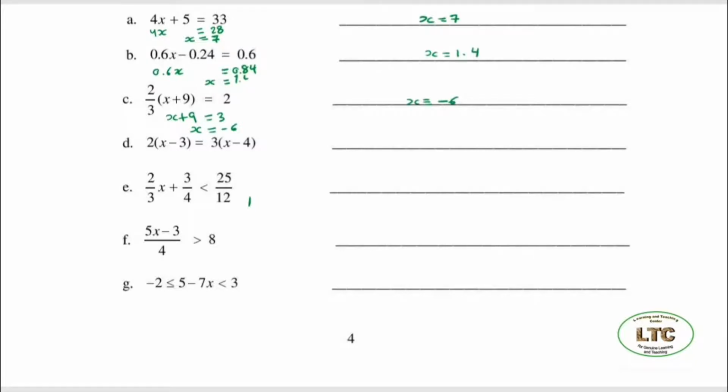D. x is on the left, x is on the right. We should remove the bracket first. 2 times x is 2x, 2 times 3 is 6. 3 times x is 3x, 3 times negative 4 is negative 12. After 3x, 2x, we want only 1x. I will subtract 2x from the left, you get negative 6.